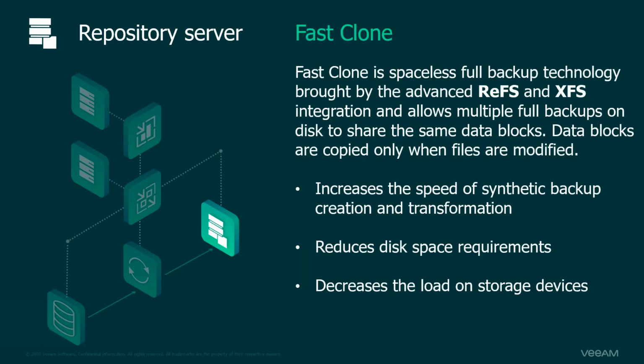So I talked about ReFS and XFS in there, and we're able to use fast clone to get spaceless fulls on there. And what that means is, what we used to do when we're doing a synthetic full on an NTFS partition, is we write that incremental down, then we take that VBK, that full backup that we had, start injecting copy data bits from that over in with this incremental backup and get them all injected in there to synthetically create a full backup on disk.